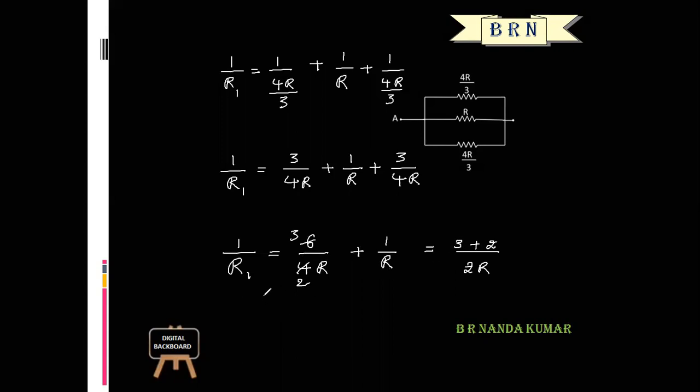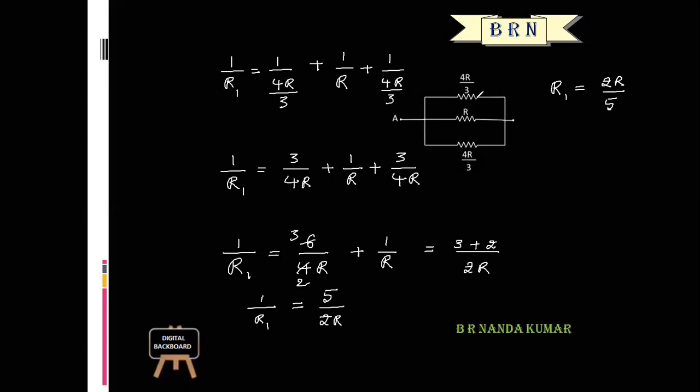So 1 divided by R1 is equal to 3 plus 2, that is 5 divided by 2R. So what is the value of R1? R1 is equal to 2R divided by 5. So this is the effective resistance of the left part of the circuit.